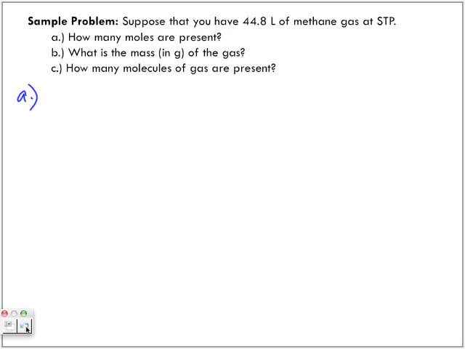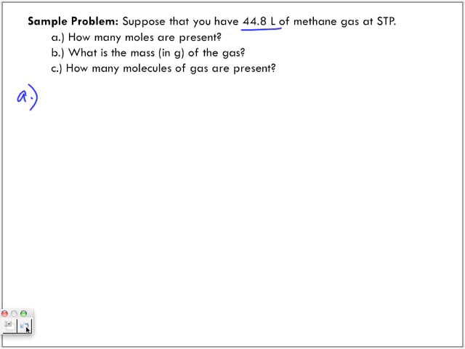So we want how many moles are present. What we have is 44.8 liters of methane gas, at STP, meaning 22.4 liters is 1 mole.